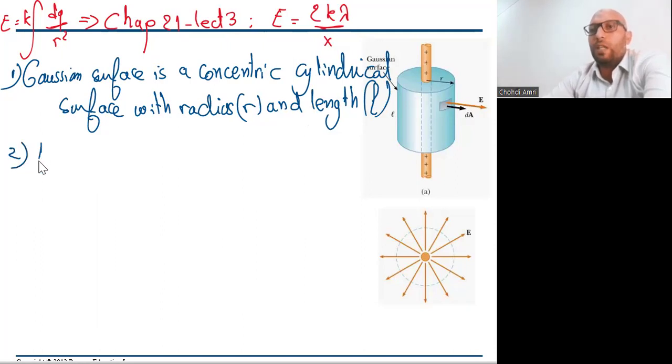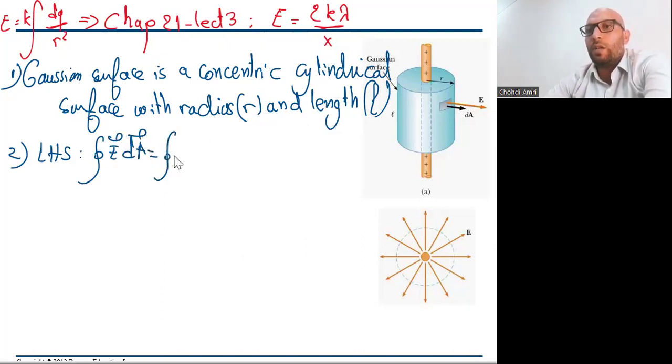The second step, left-hand side. On the left-hand side, we want to calculate the integral of E dA. We said it is the dot product between the electric field and the vector area dA, so we will introduce cosine theta. You see here that the electric field is radially outward because it's charged positively, and of course, the vector area dA is perpendicular to the Gaussian surface.